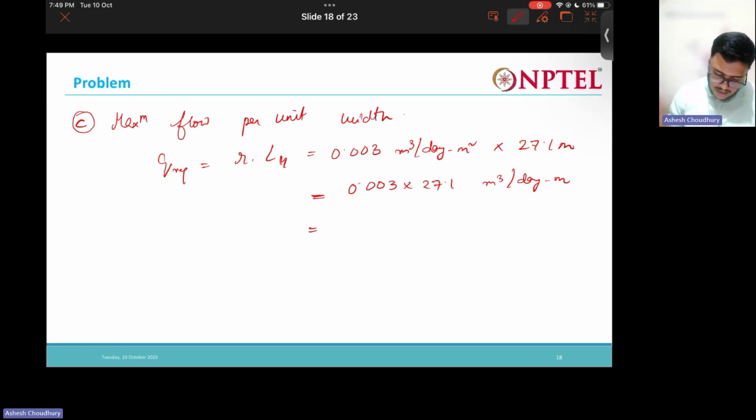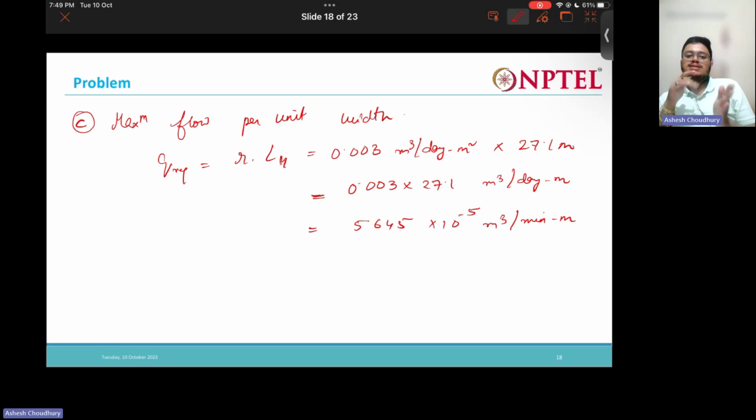Now, day will go to minute: 24 hours, each hour 60 minutes. Finally, it will be 5.645 into 10 to the power minus 5 meter cube per minute per meter. Understood?